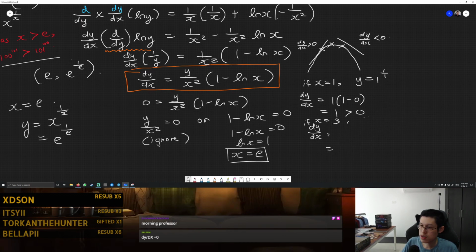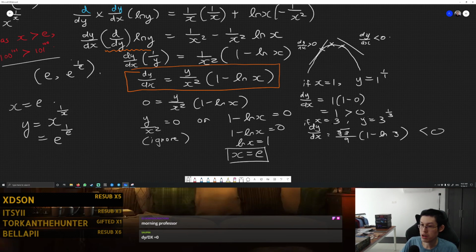So x is 3, that means y would be 3 to the power of 1 over 3. So we're going to get cube root of 3 over 3 squared, which is 9, times 1 minus ln 3. Okay, so 1 minus ln 3 is a negative number, which means we're going to get some dy dx that is less than 0.